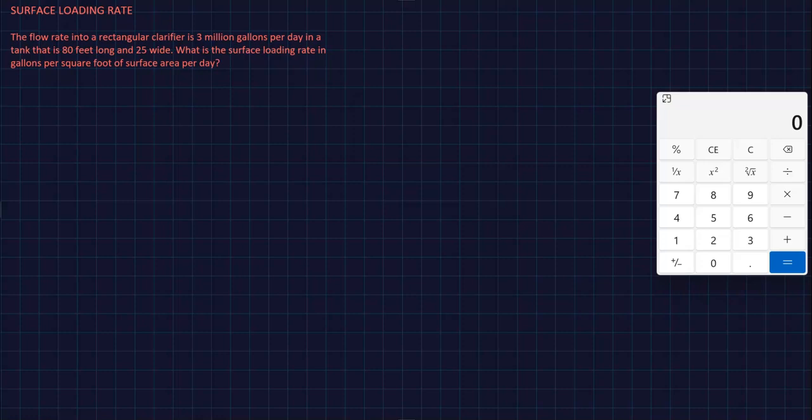Okay, my first thing, I always set my problems up the same way. I do step 1, what are my knowns? What do I know about this problem? Well, right in the very first sentence, the flow rate. We know flow rate. The flow rate is 3 million gallons per day, 3 MGD.